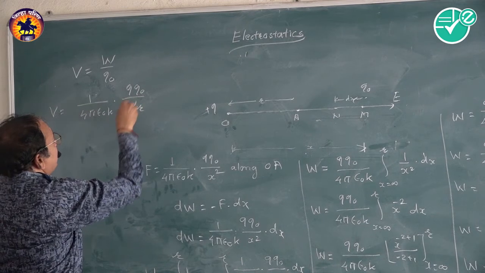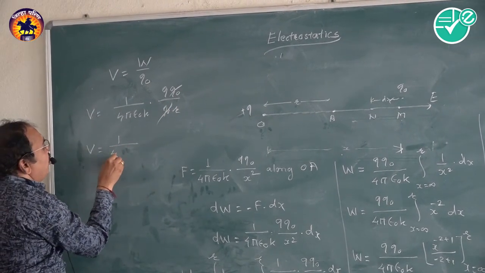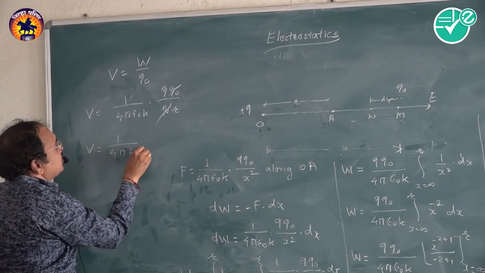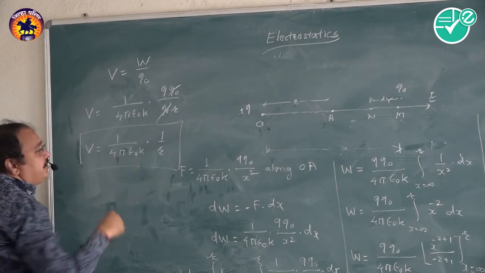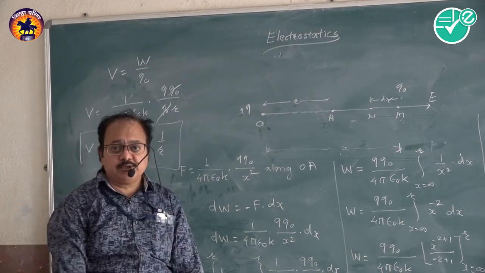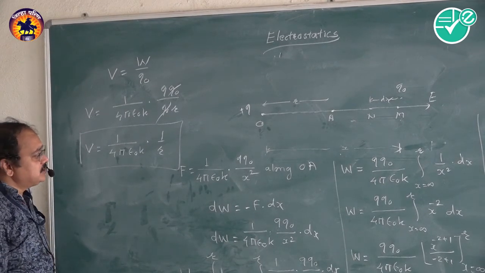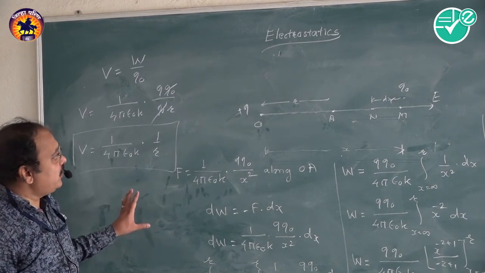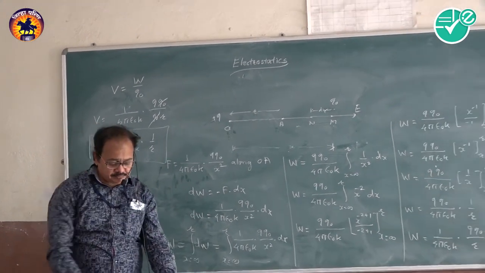The q naught gets cancelled, so finally we get 1 upon 4 pi epsilon 0 K into 1 upon R. This is the value of electric potential due to a point charge. This is for calculating the electric potential due to a point charge.